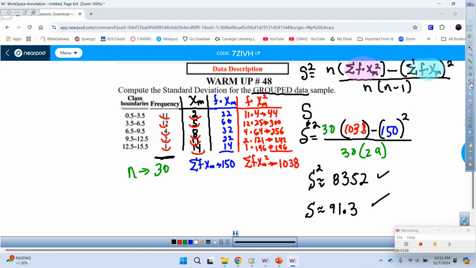All right, let's break it down by parts because it seems like some of you are wondering what's going on. Come on, people, it's just crunching numbers. 30 times 1038.